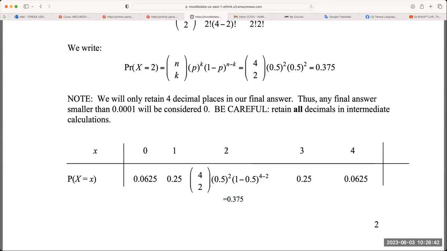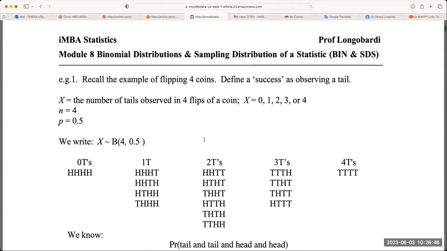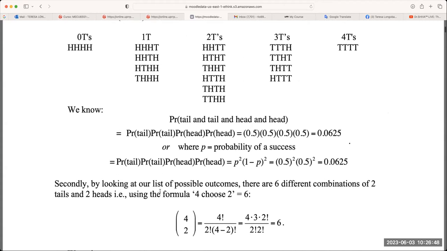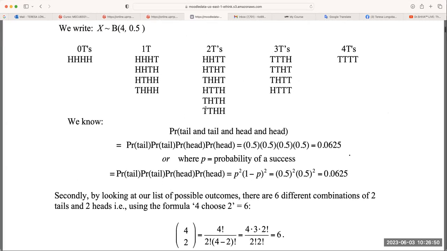So I want to find the chance that there's 2 successes, but I don't want to use this approach. I want to do this with a formula. So let's take this one. That's one of the 6 ways of seeing 2 tails. So that probability we can express as the probability of a tail and a tail and a head and a head.